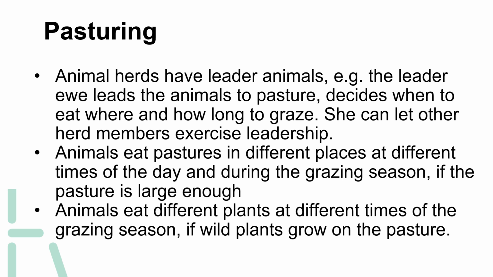So pasturing: we already thought a lot about pastures as we were talking also about cutting and mowing hay and grasses. And let's then have a few thoughts about pasturing.